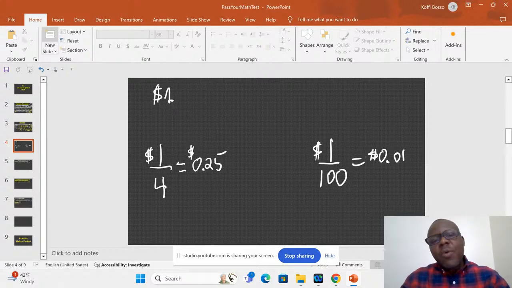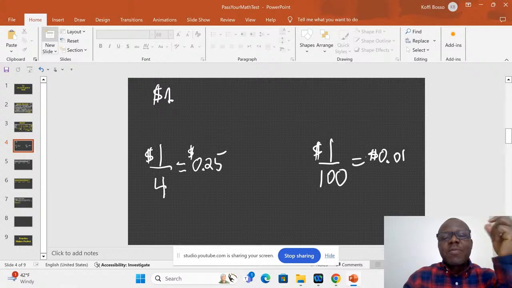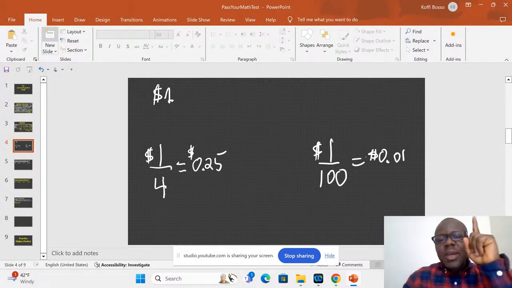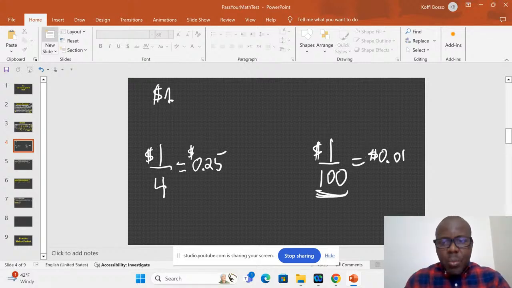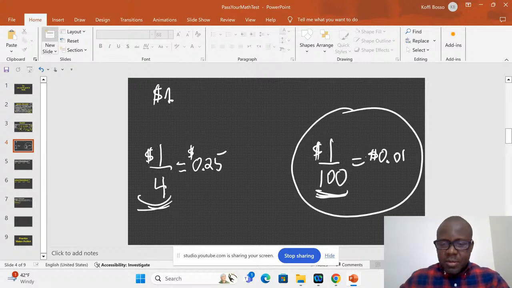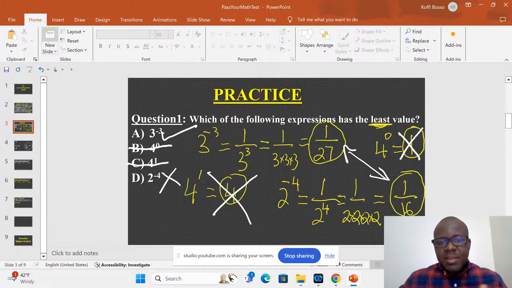So if you have $1, which is 100 pennies, and divide it among 100 kids, each kid will get a penny. But the same dollar for 4 kids, each kid will get a quarter. Do you see that the denominator here is more than this denominator? Therefore, this one is smaller. That's the concept here. I tried to explain this clearly so it would not confuse people. In case you have a question like that, you know you can do it easily.